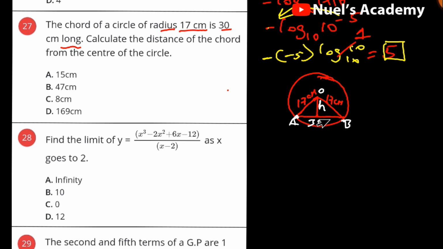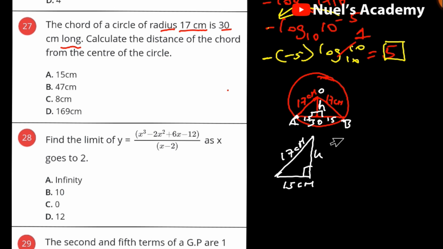So we have that here is 15, and here is 15. So this is a right angle. Now let's draw out a part of this right-angled triangle. If you draw it out, it's going to be this. So we have here 15 cm, here 17 cm, and this is the height we are looking for. Now this is not drawn to scale, remember.